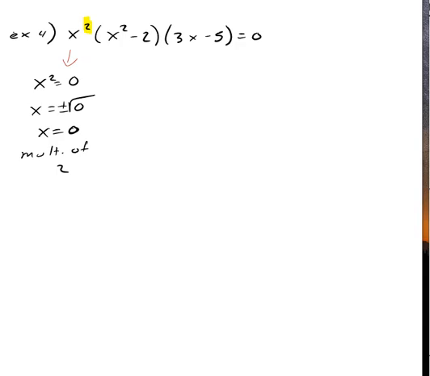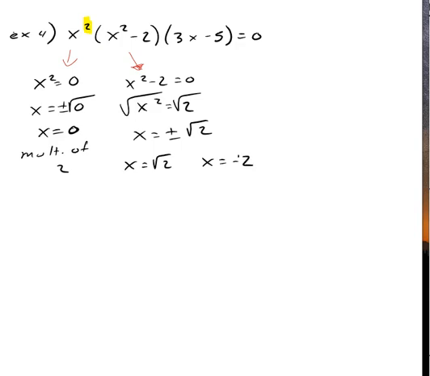Next one. x squared minus 2 equals 0. Add the 2 over. Take the square root to get x equals plus or minus radical 2. So I have x equals positive radical 2 and x equals negative radical 2. And the last one.